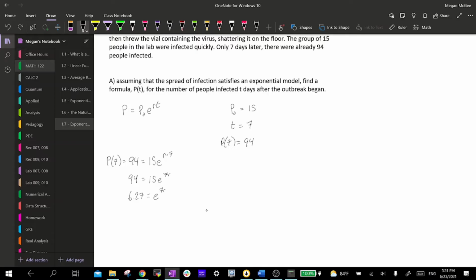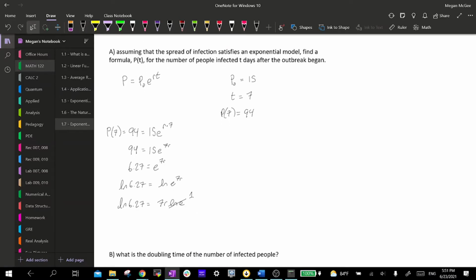We'll take the natural log of both sides. So we have the natural log of 6.27 is equal to the natural log of e to the 7r. And we like to use that property to bring down the exponent in the natural log. So we have 7r times the natural log of e, which we know is just 1. So we can divide both sides by 7.